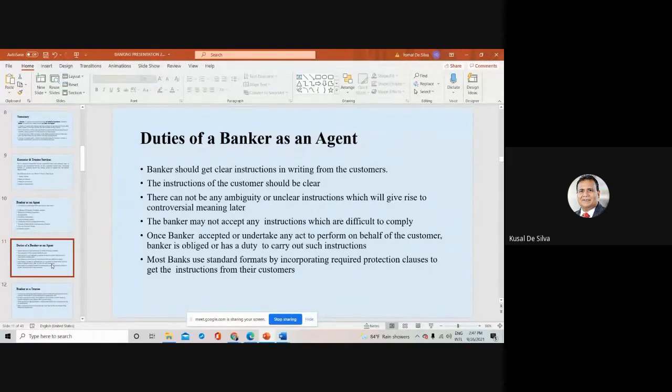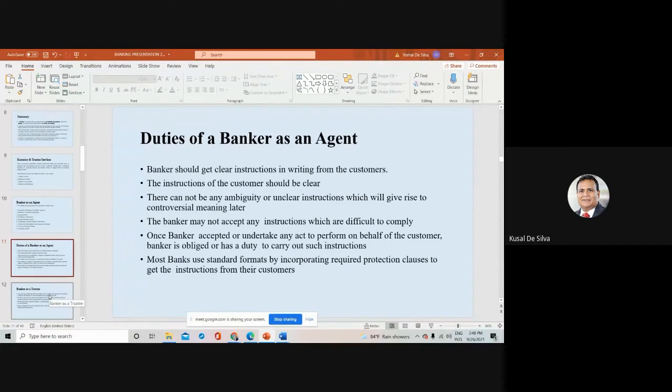In those instruction forms, all the required clauses are incorporated, indemnifying the bank for any future losses or anything else. So you exclude all your liabilities through the written standard format. That's the advantage. Since the customer wants the bank to get this done, they will sign it. Most of these letters give the bank protection in many ways.